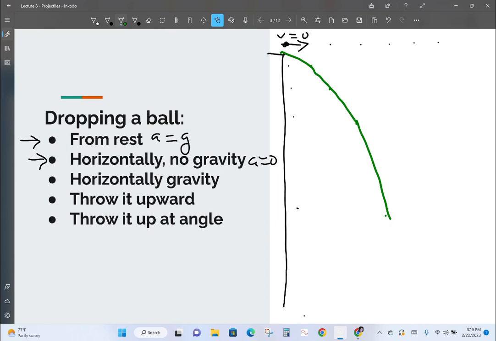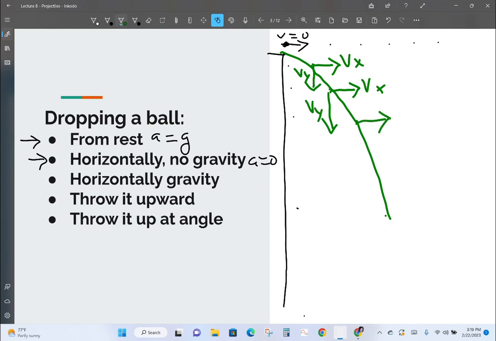It has a forward motion, a Vx, and it has a Vy. The Vx is always the same, but the Vy is picking up speed.